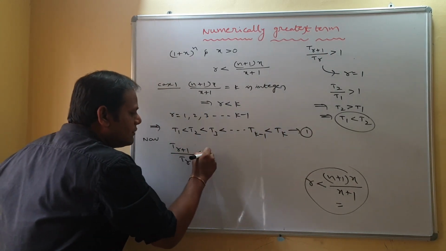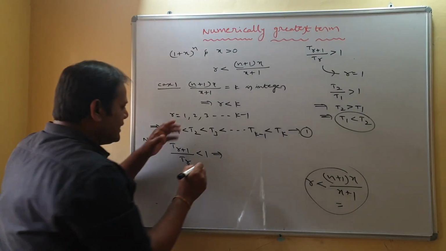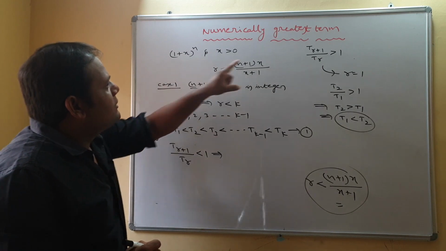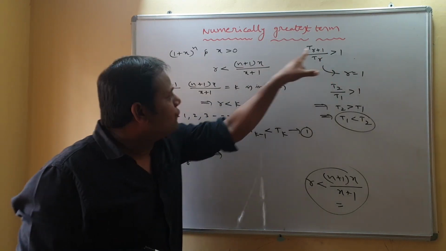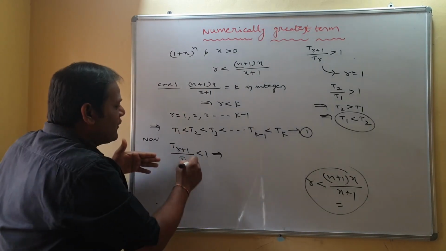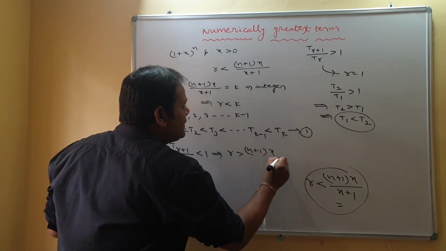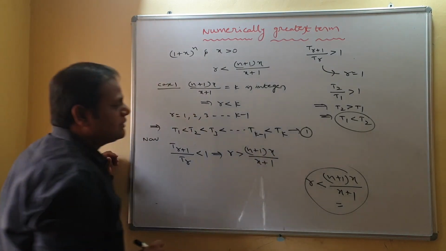Now the terms decrease, so we take t(r plus 1) by tr less than 1. If you do the simplification again, we end up with r greater than (n plus 1) into x by (x plus 1).